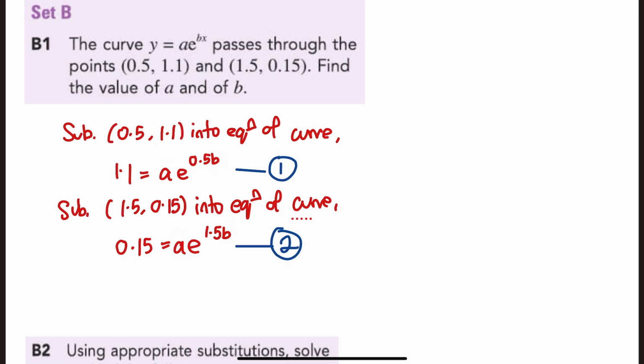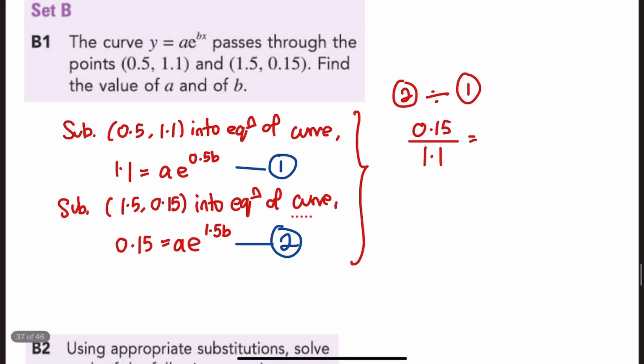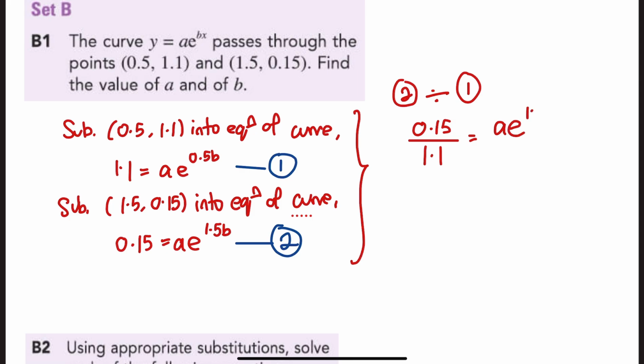The logical step in this case would be to divide one equation by the other. So let's take equation 2 divided by equation 1. On the left side, it will be, sorry, not 1.1, 0.15 divided by 1.1. The right side of the equation is a times e power 1.5b divided by a e power 0.5b.